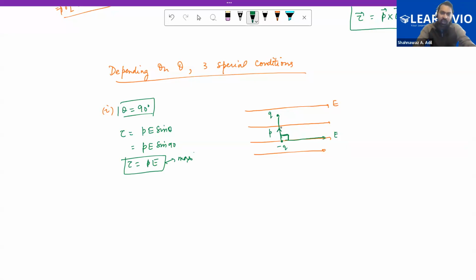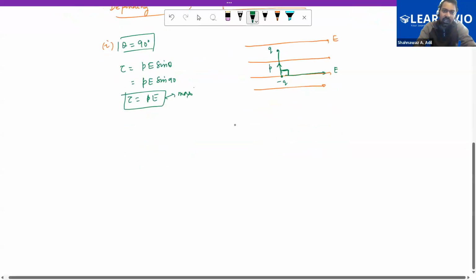Okay, and then the second condition is that you are placing this dipole in this manner. So let's say you put it minus Q and then Q. What is the angle now?